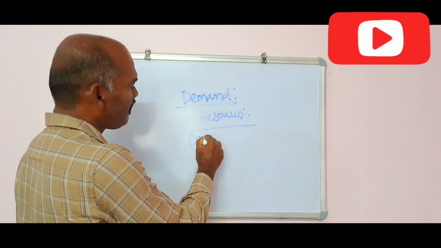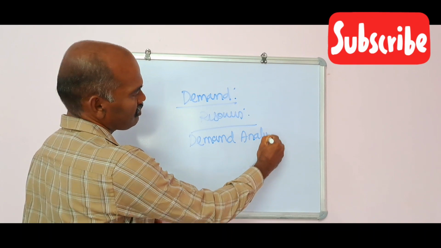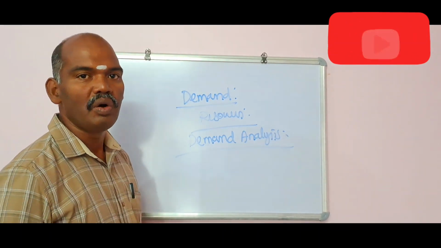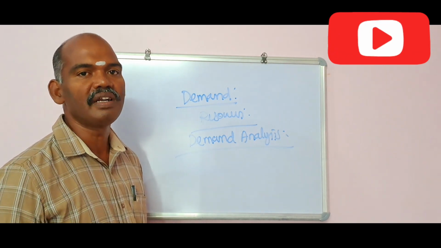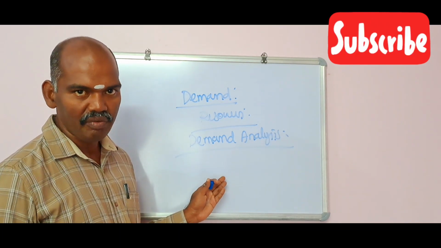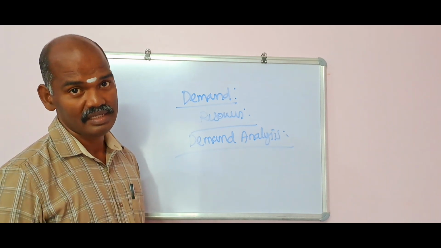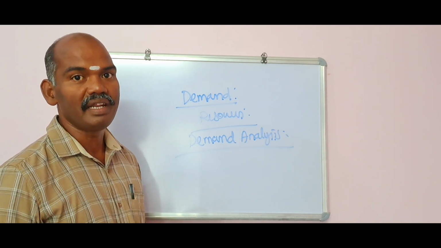The other thing we are going to discuss is demand analysis. What is demand analysis? How different products are taken up by the consumer at different prices. There is a law of demand. What is the law of demand? It says as the price increases, the demand decreases. As the price decreases, the demand increases.